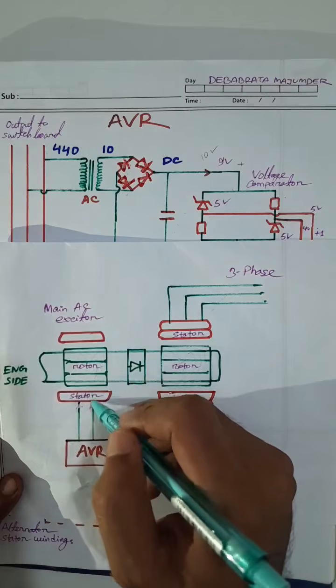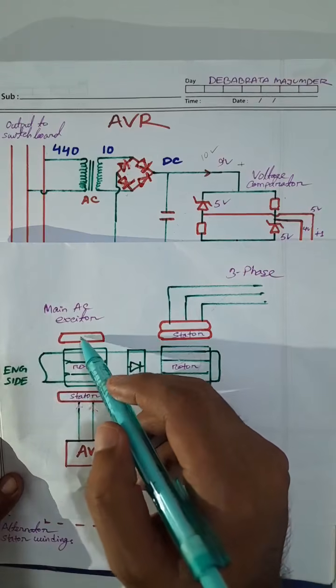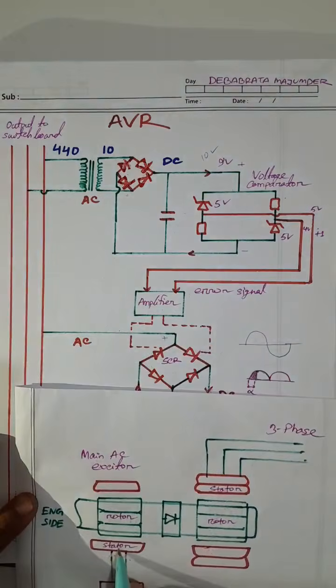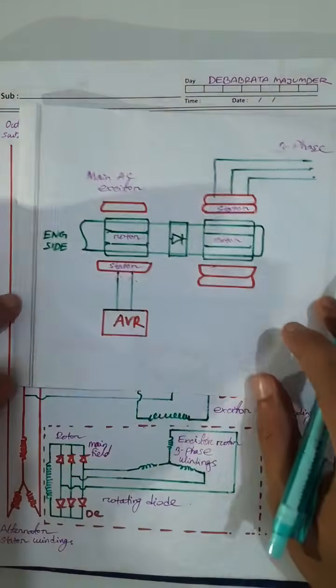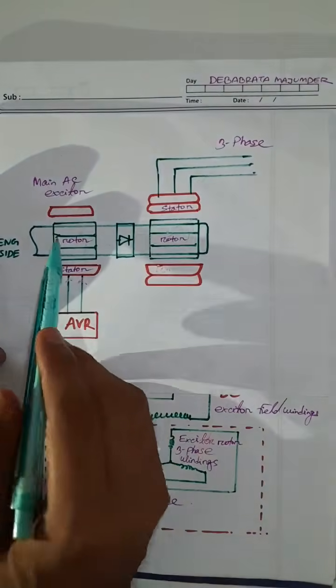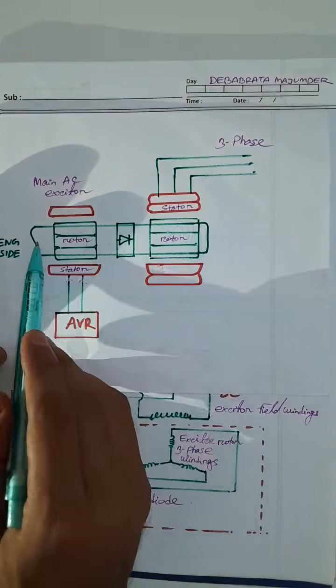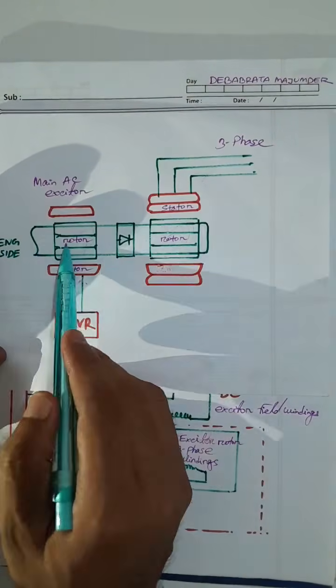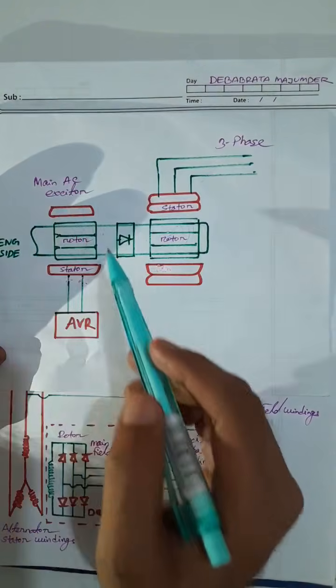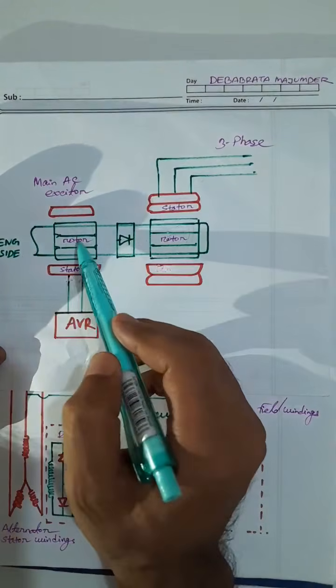That means DC voltage is coming to the stator, and due to this DC voltage, you can see this part is rotating. This is the shaft, this is the engine side, this is the main AC exciter, this is the stationary part, and this is the rotating part.